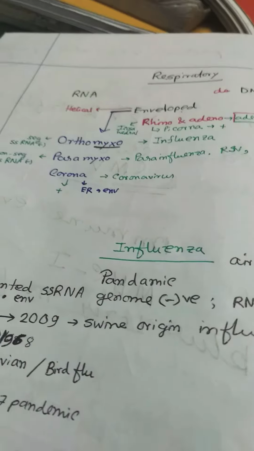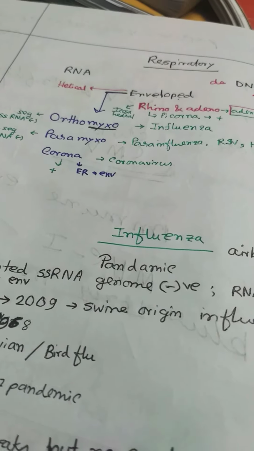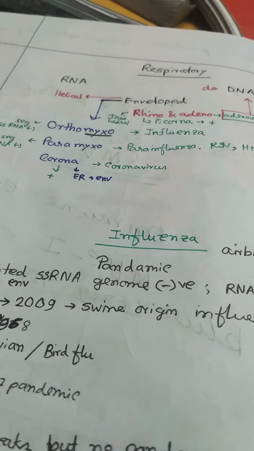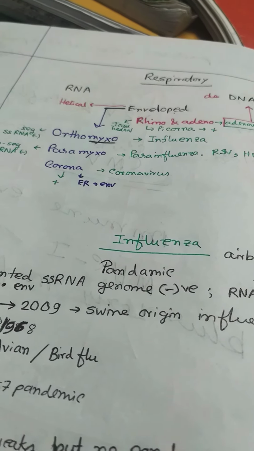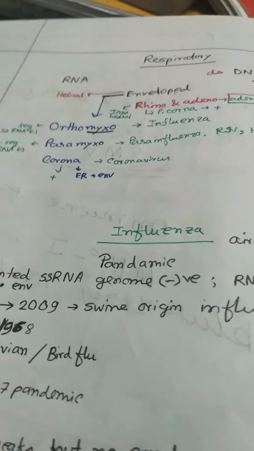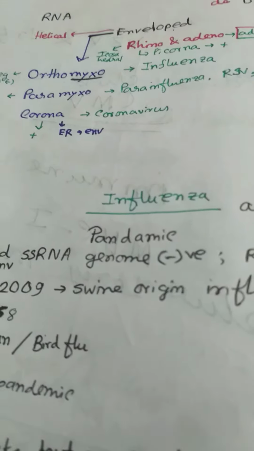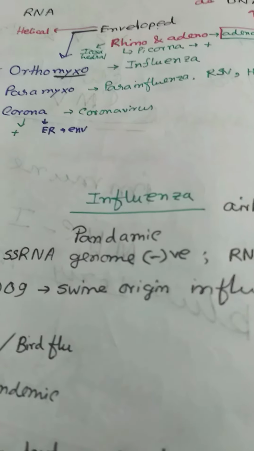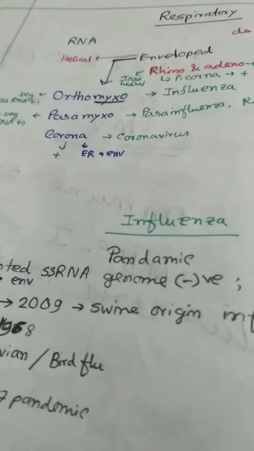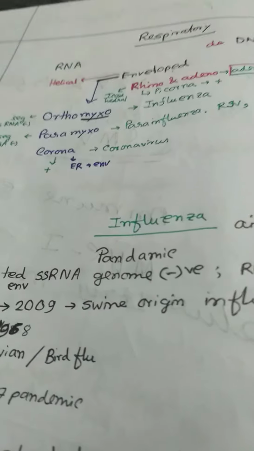The coronavirus family includes a single-stranded RNA genome of positive polarity. The endoplasmic reticulum gives the envelope of the coronavirus. The coronaviruses include SARS coronavirus, that is severe acute respiratory syndrome virus, and MERS coronavirus, Middle East respiratory syndrome virus, and the recent one is COVID-19, that is coronavirus disease 2019.